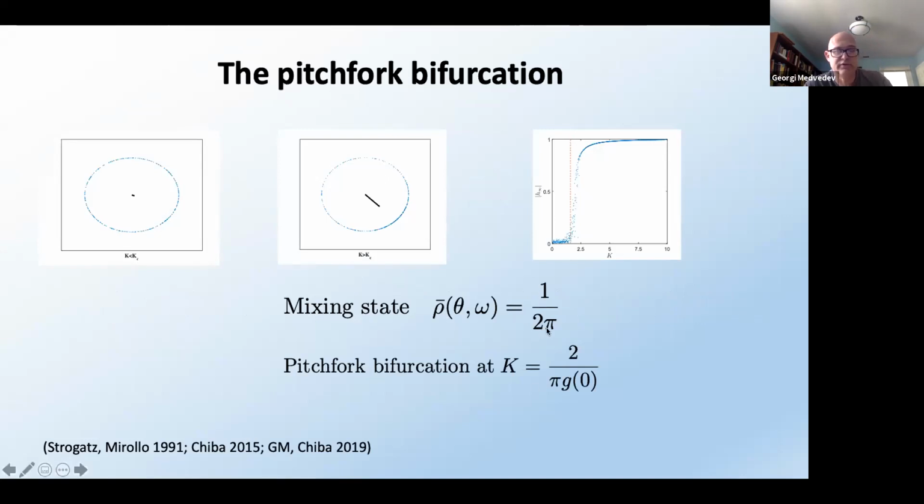This is 1 over 2 pi. Strogatz and Mirollo in the 90s noticed that the stability analysis of this solution explains the transition to synchronization in this model. This critical value of K is precisely the value of K where the mixing state loses stability.